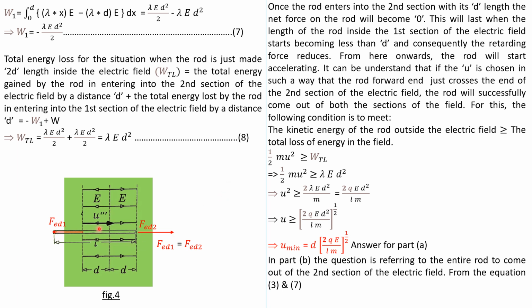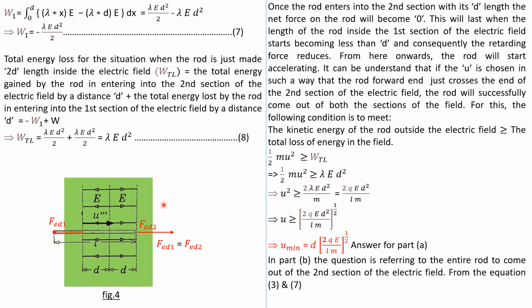Now when the rod has d length inside the first section and d length inside the second section, the force on the rod on the right side, meaning along its motion, will be equal to the force acting opposite to the direction of motion, because the charge will be lambda into d in the first section and lambda d in the second section.